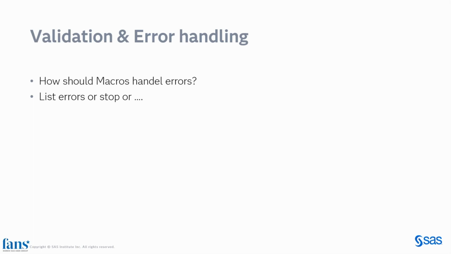And of course, if we just have a normal SAS program, it will stop. What can we do if we put it into a macro? We can handle that and make smarter decisions. So hopefully I'll show you that. And then just a curiosity that can be used also.